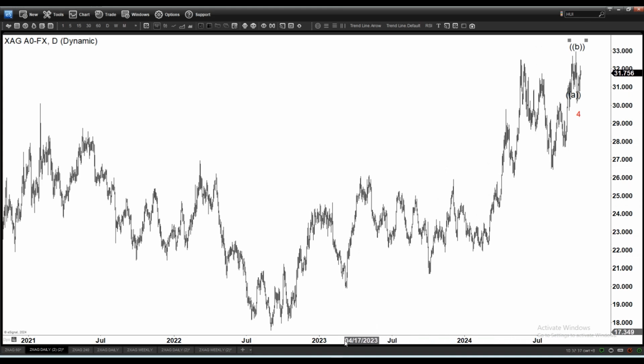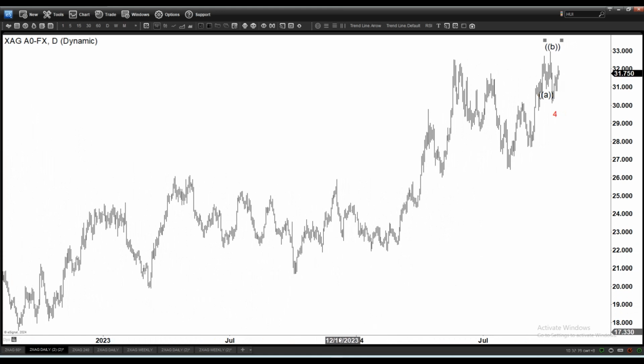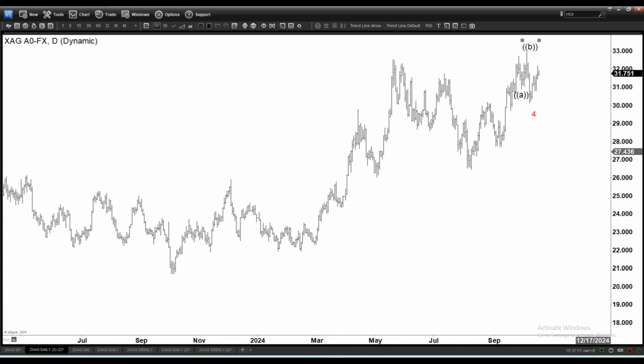So that's a very good progress. Let me complete this label here. If that's wave 4, this is your wave 3, and then that means the 1 and 2 is here.